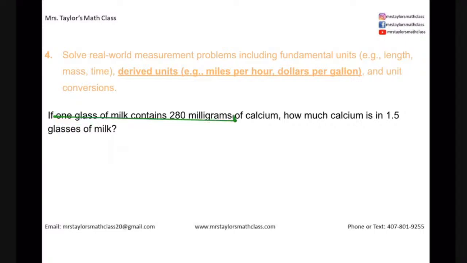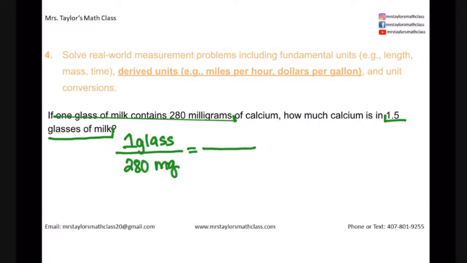Then you have to complete the second ratio. So 1 glass is 280 milligrams. Set that equal to, if you have 1.5 glasses, how many milligrams is that? It's going to be glasses per milligrams, or you could say milligrams per glass, depending on how you write your answer.